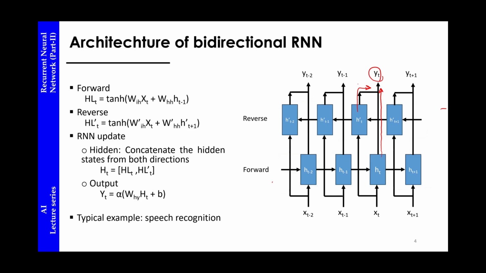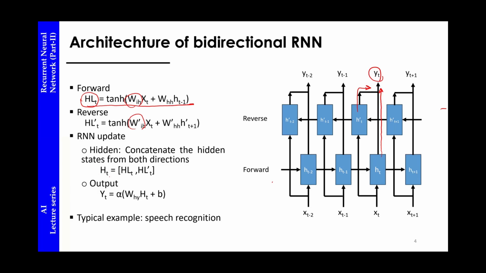You remember from the vanilla recurrent neural network that the hidden state vector had a formulation like this. For forward and reverse, we can write the same, but that's the point. h_t here is just the hidden state vector of the forward network. That's why I use different weights: I use prime for the reverse one and W for the forward one. This means that the weights are not necessarily equal.